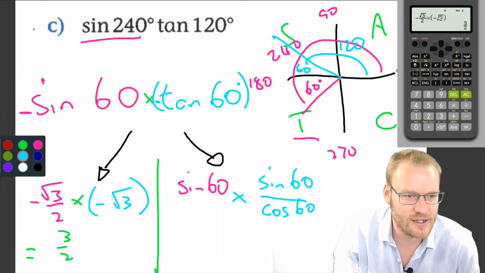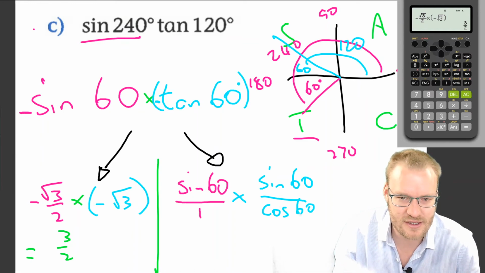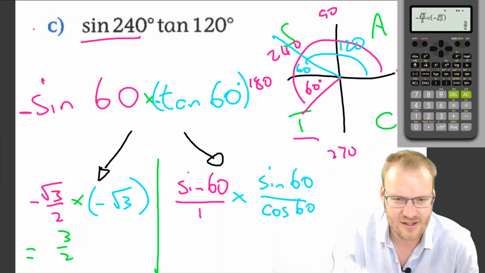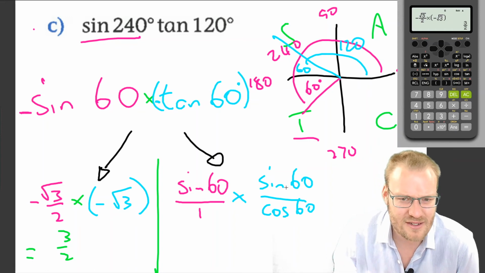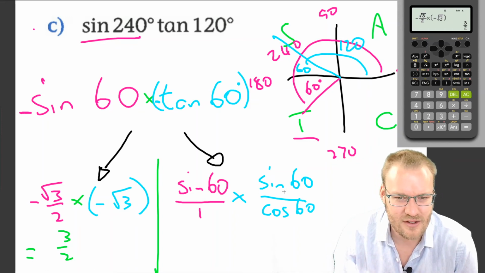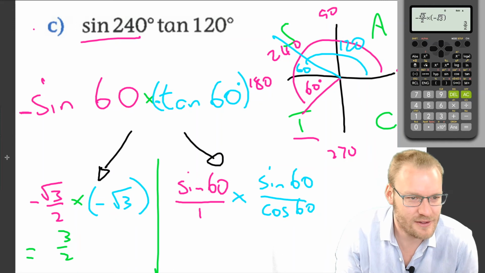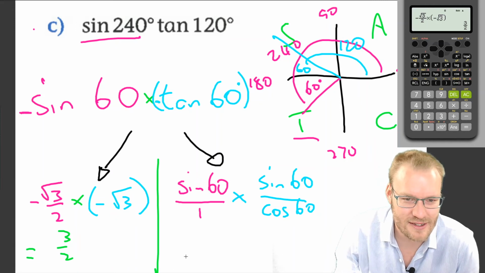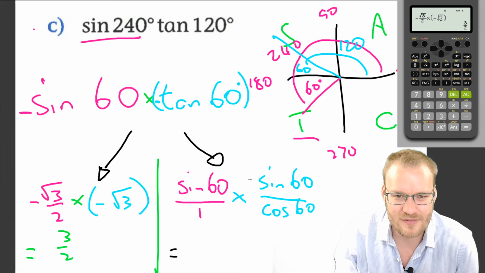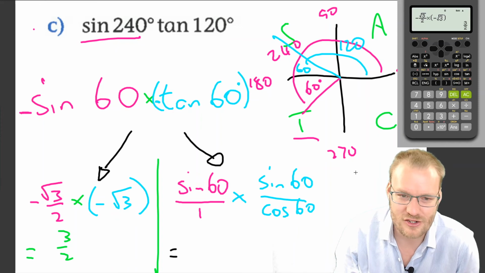Then we've got a fraction, so sine 60, that over 1 times that. Hasn't really helped us because nothing's cancelled. So it would have been nice if sine were on the denominator, then something would have cancelled like an a. So this, in retrospect, is looking like a silly idea, because sine 60, we're going to have to write this as a fraction anyway. So we haven't really gotten anywhere.